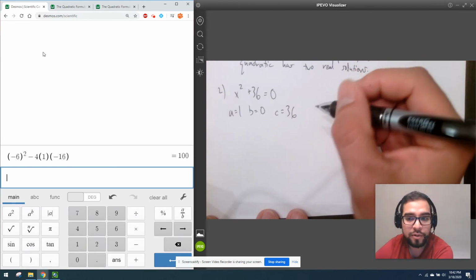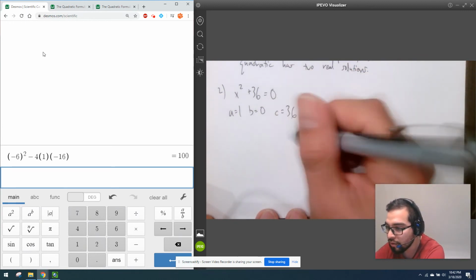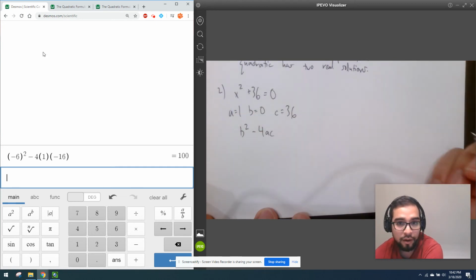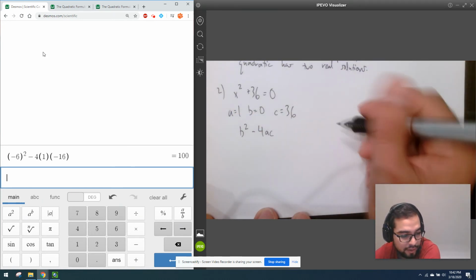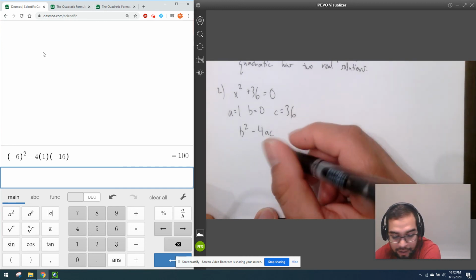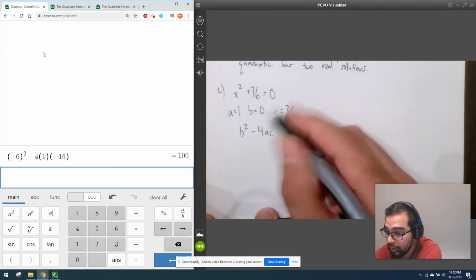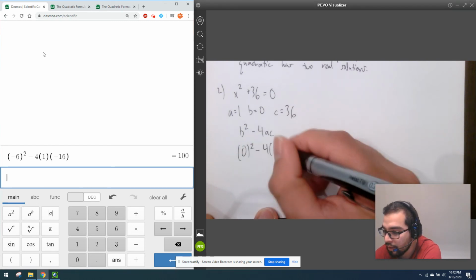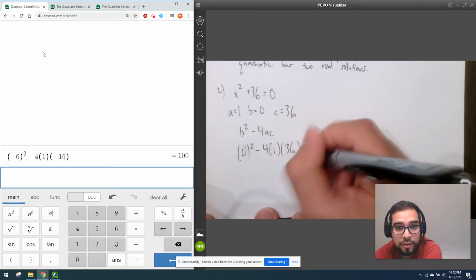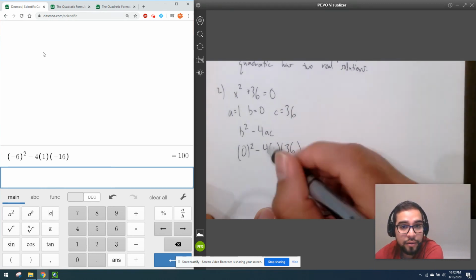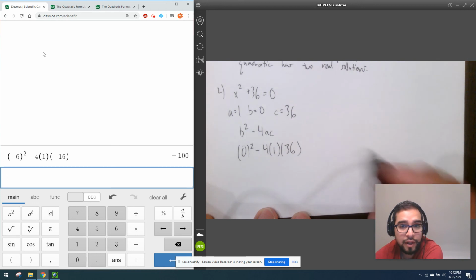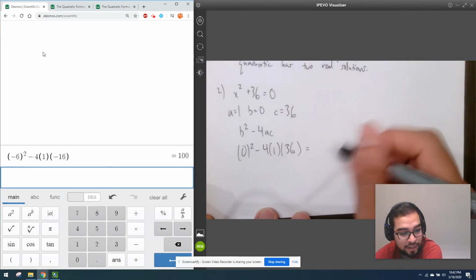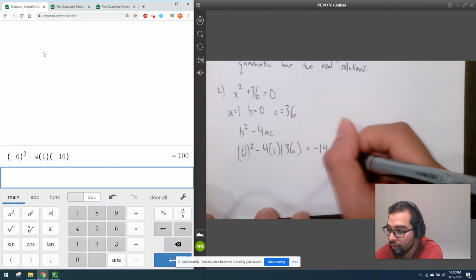So now I'm going to use the discriminant, b squared minus 4ac. In other words, I'm going to let b equal 0. 0 squared minus 4 times 1 times 36. 0 squared is equal to 0, minus 4 times 1 times 36, that's equal to negative 144.